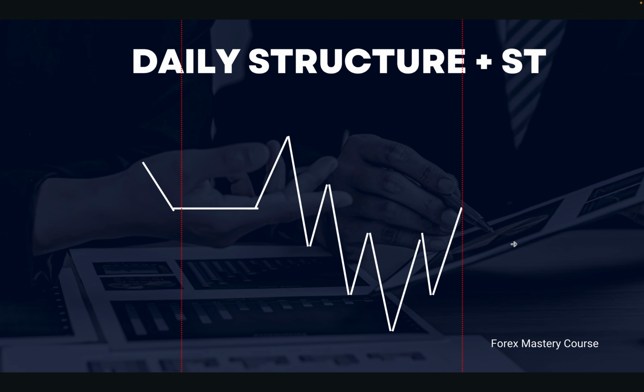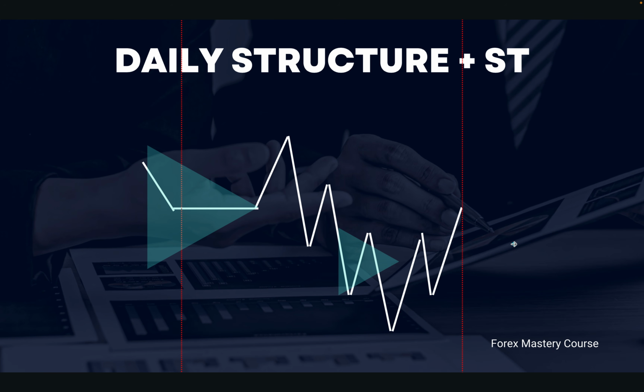All right, the daily structure plus signature trade. You guys are going to love this one. Here's an example of daily structure plus the signature trade. If we have an entire day, the red here is the start of the day. The red here is the end of the day. We have the start of the day consolidation.